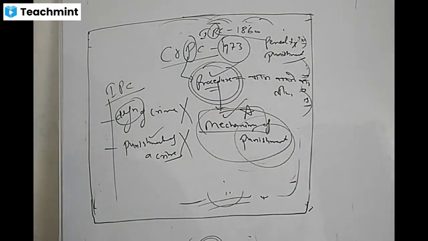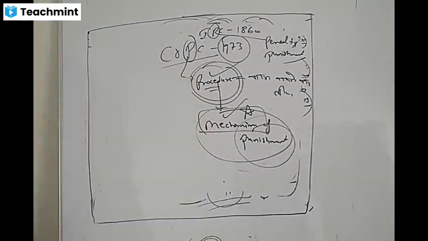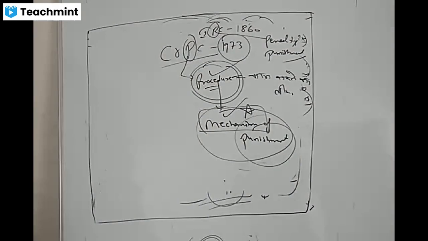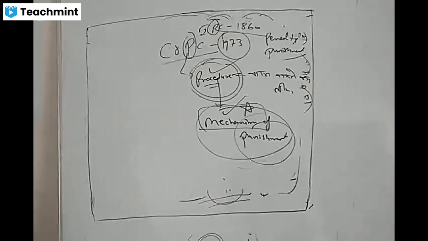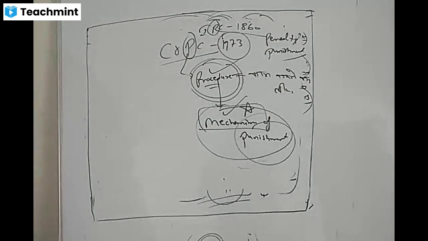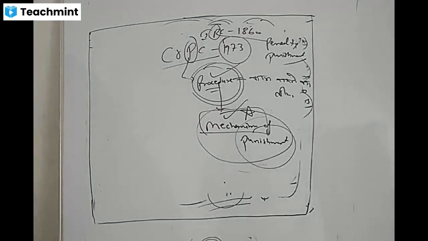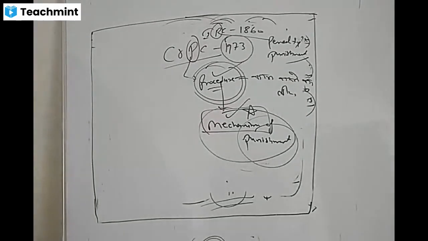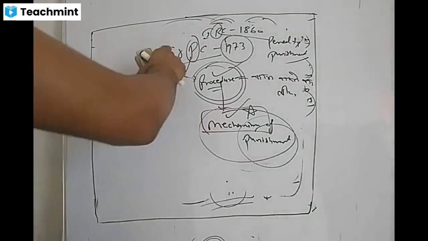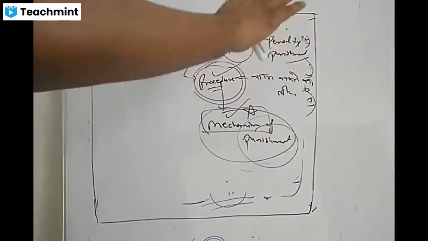For example, in case of IPC, penalty or punishments are given, and definitions and punishment of crime are given.